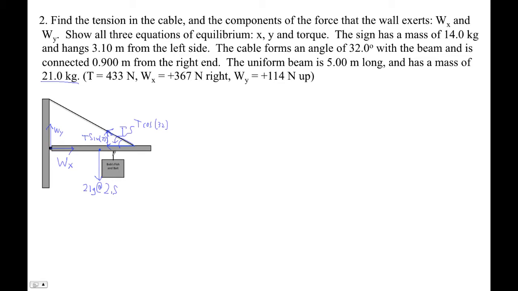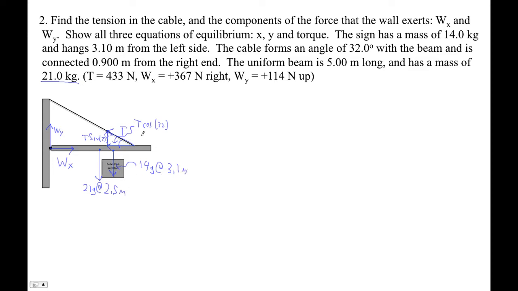Okay, then we've got this force here. The sign is 14, right? So this force here is going to be 14 times gravity, 9.81, at where? How far does it say? Connected to the cable from the left side, 3.1. So it's at 3.1.